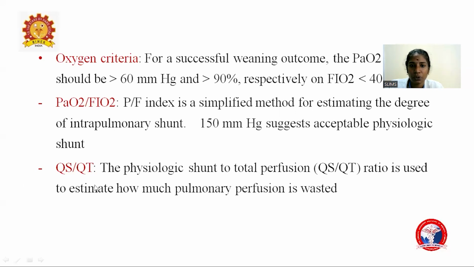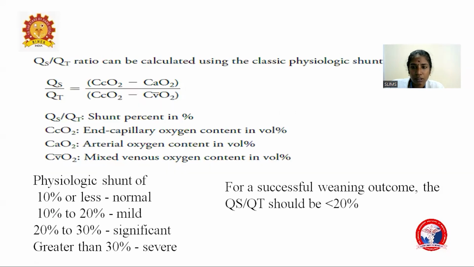Then QS by QT, that is the physiological shunt to total perfusion. This ratio shows how much of the pulmonary perfusion is wasted. This is the equation, as you all know: QS by QT can be calculated using the classical physiological shunt formula.